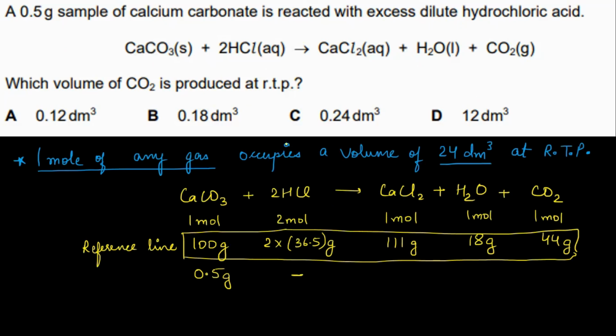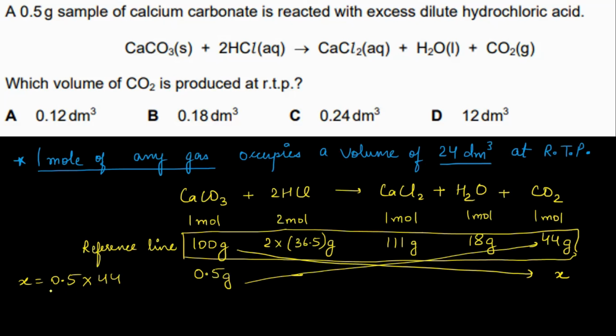They're asking for the volume, but first we'll find the mass of the carbon dioxide. Now cross multiplication. So X is equal to 0.5 multiplied by 44 divided by 100. This gives the mass as 0.22 grams.